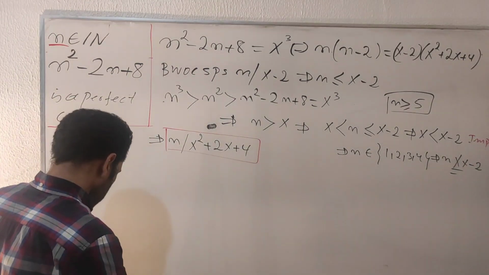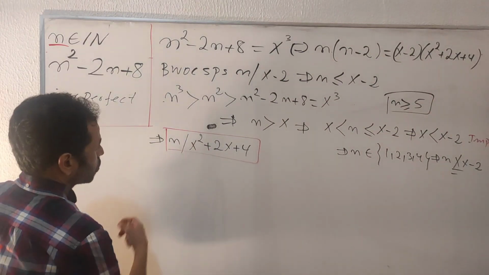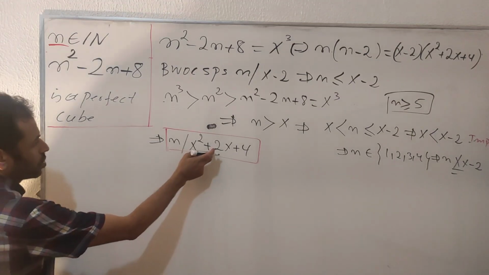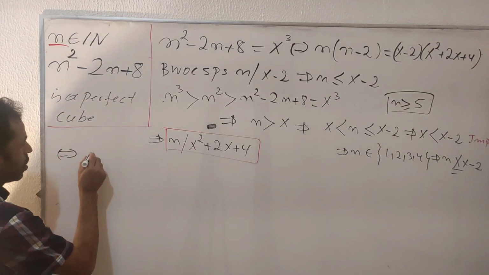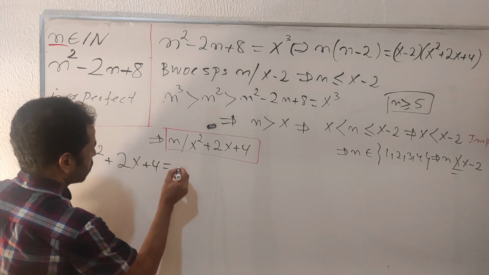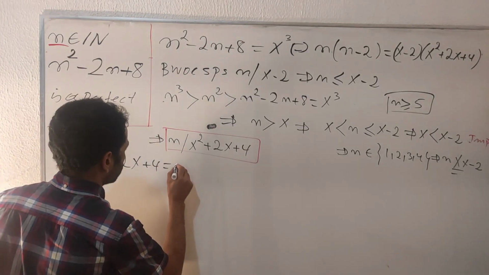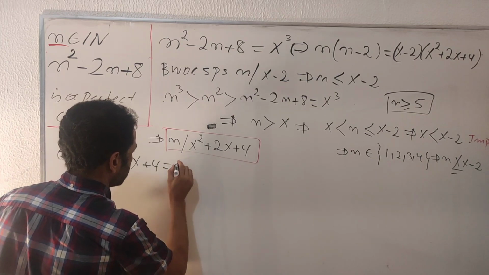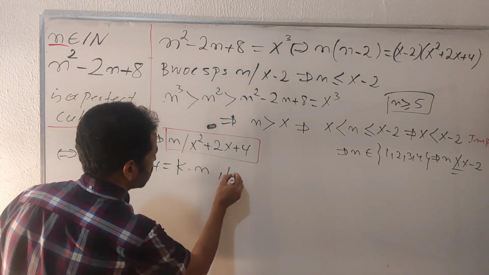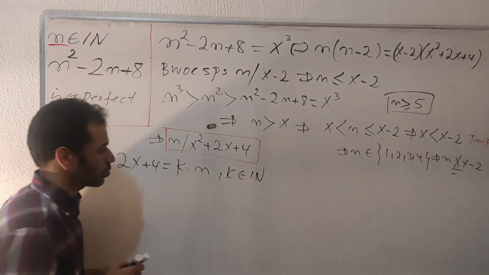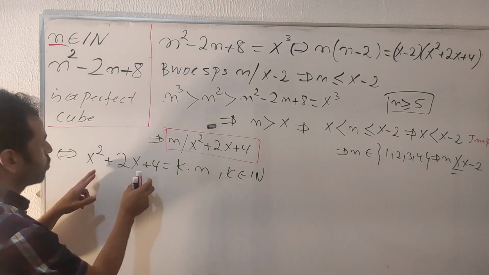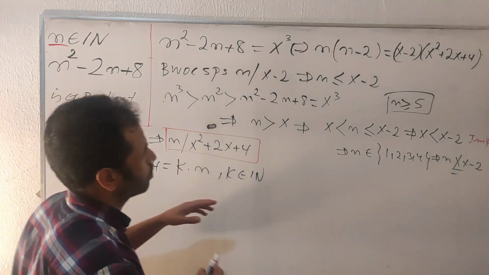According to the divisibility statement, n divides x squared plus 2x plus 4, which means x squared plus 2x plus 4 equals k multiplied by n, where k is a natural number. I'm going to take this expression and throw it here.